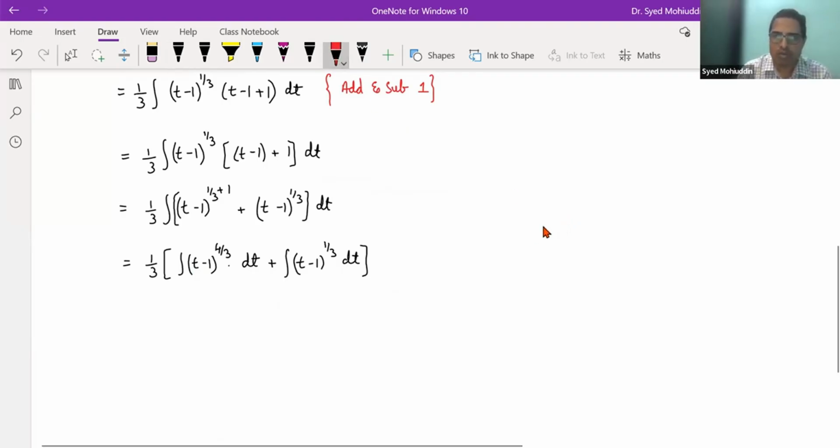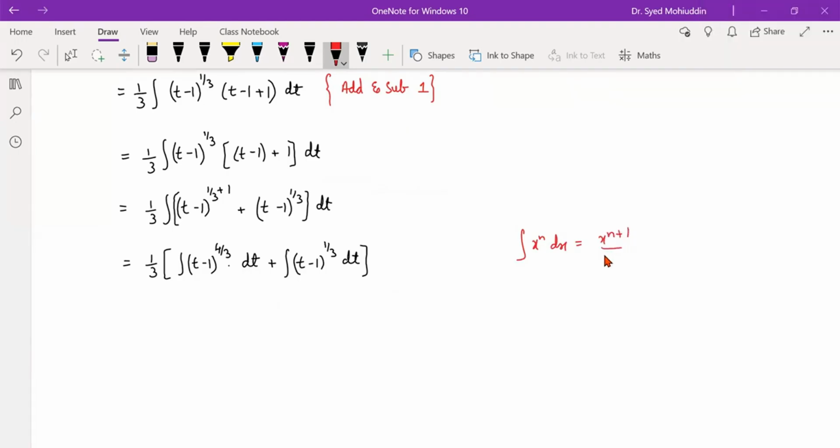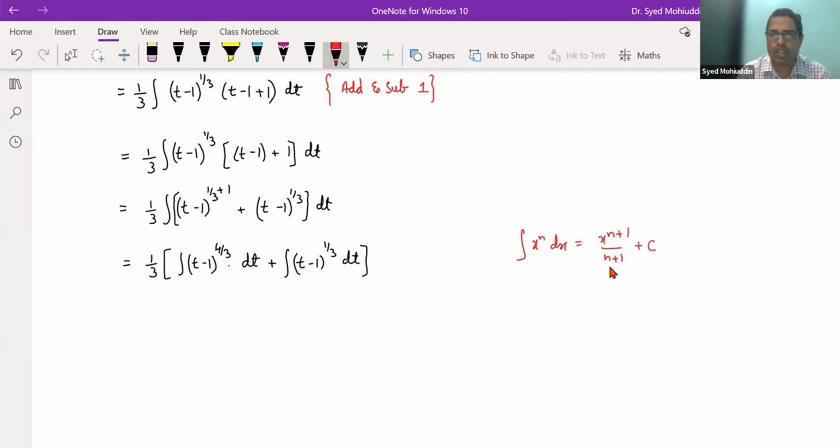We have this formula, and we have to use the same formula. Integral of x power n into dx will be equal to x power n plus 1 by n plus 1, plus the constant of integration c. But this is not just x power, it has t minus 1. In general, write down this form: ax plus b whole power of n into dx. I am giving you a generalized formula. Whenever you have this type of expression, ax plus b whole power of n into dx, this expression will be treated as the same x itself.